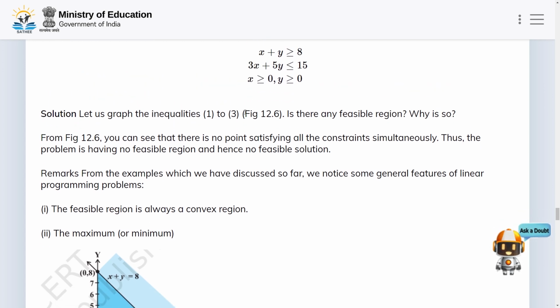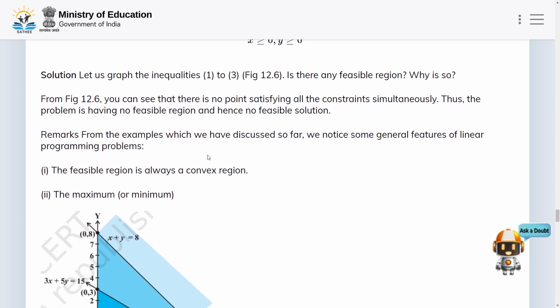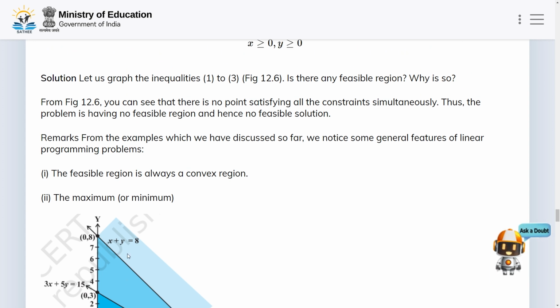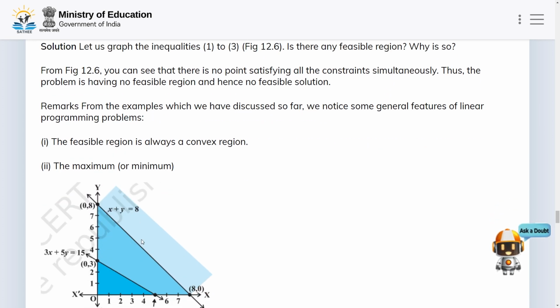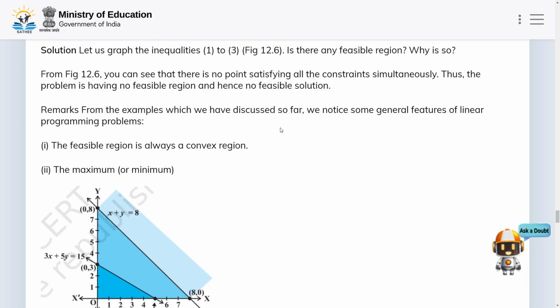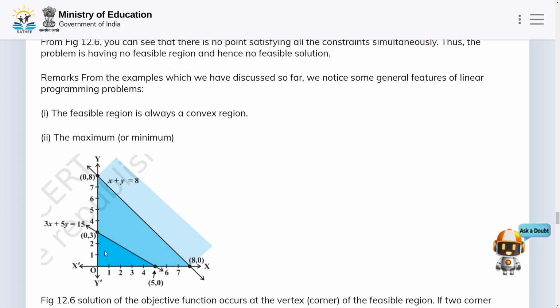If you try to graph these inequalities, you can see that there is no point satisfying all the constraints. So you do not have a common region where all the constraints are satisfied. The inequality x plus y greater than or equal to a given value represents this shaded region, this lightest blue region. And 3x plus 5y less than or equal to 15 shows this.